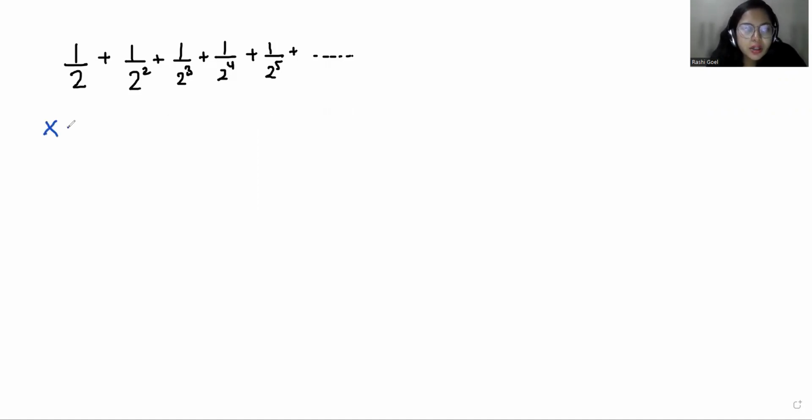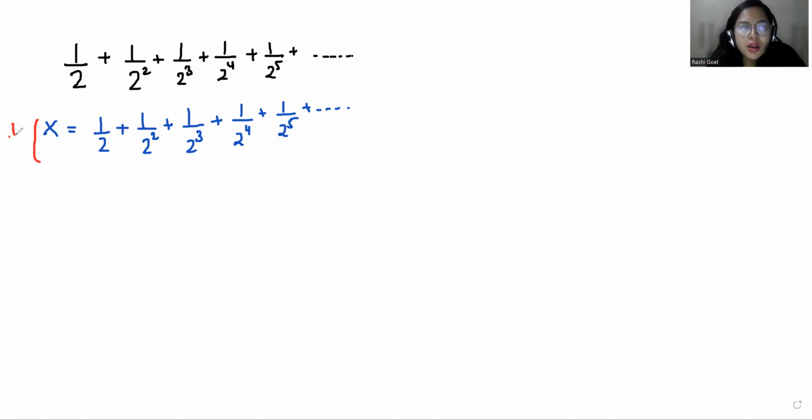So first I'm considering this as equal to x. So x = 1/2 + 1/2² + 1/2³ + 1/2⁴ + 1/2⁵ + so on. Now I'm going to multiply throughout the equation by 1/2.